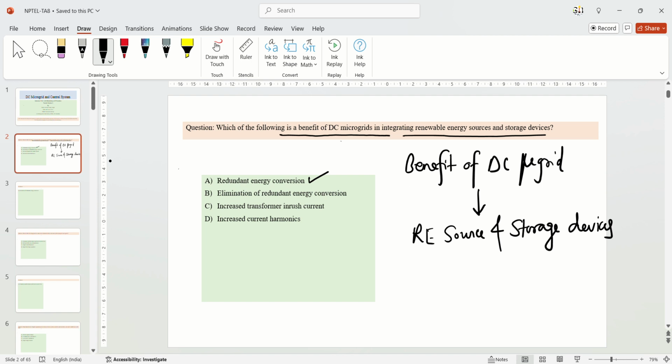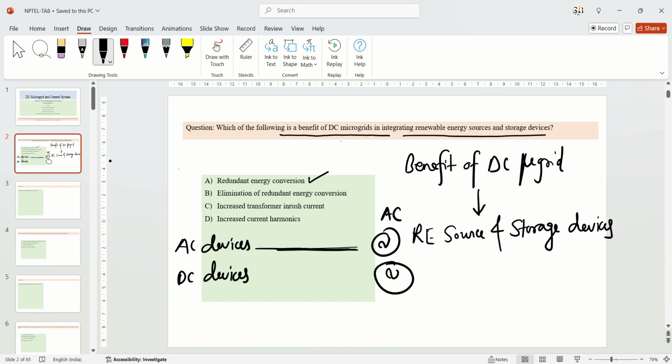Suppose you have AC devices and the grid is actually AC. Then it's easy to integrate. But when you are integrating with DC devices, there is a problem that you have to convert from DC to AC. But that is not the case here.